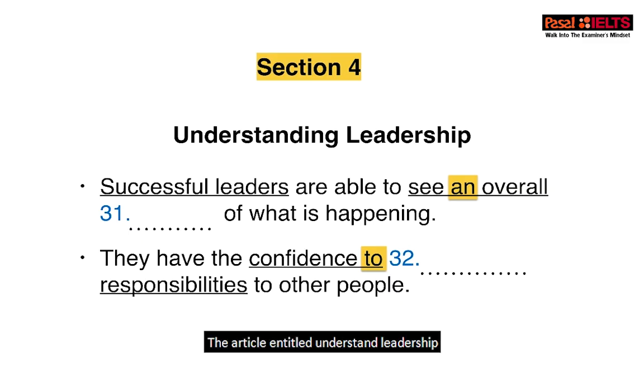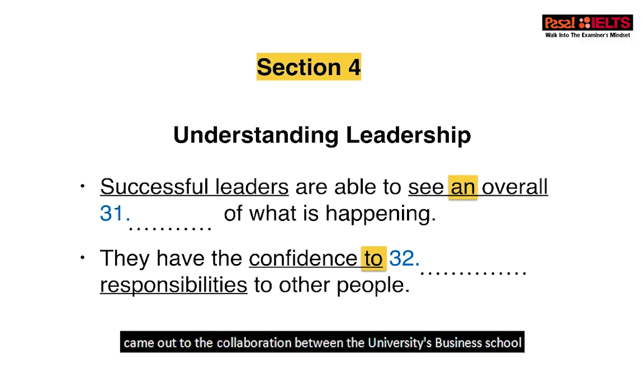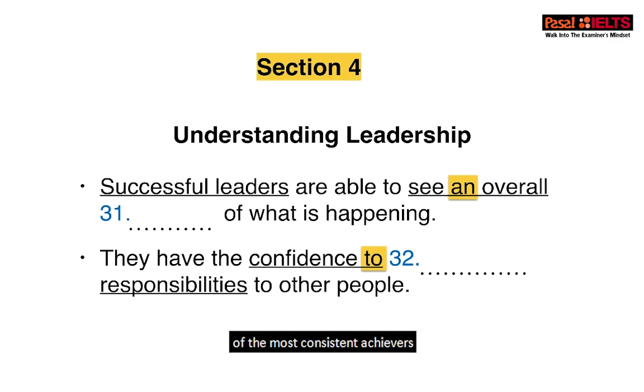The article entitled Understanding Leadership came out of a collaboration between the university's business school and our contacts in several successful medium-sized companies in the city. The initial finding that stood out when we looked at the practices of the most consistent achievers was that these people have a very clear idea of the direction of their businesses.